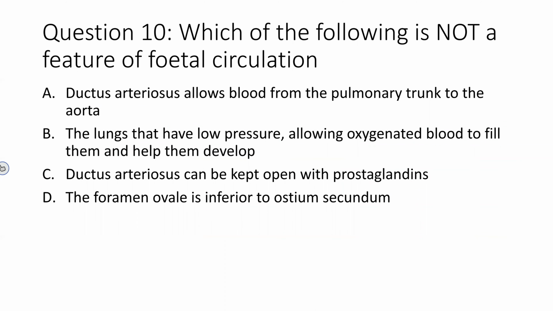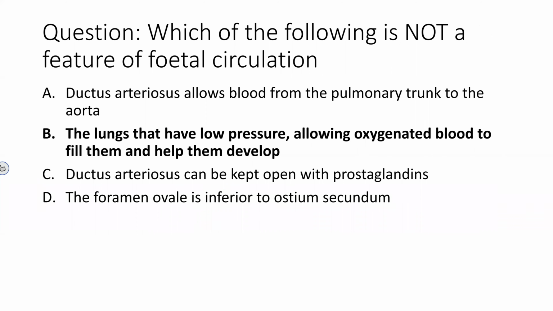So next question, which of the following is not a feature of fetal circulation? So the answer is the lungs have low pressure, which allows oxygenated blood to fill them and help them develop.